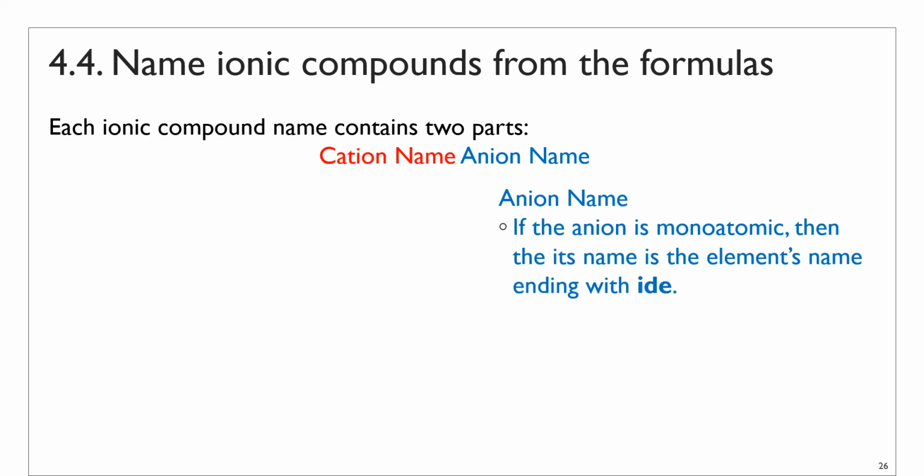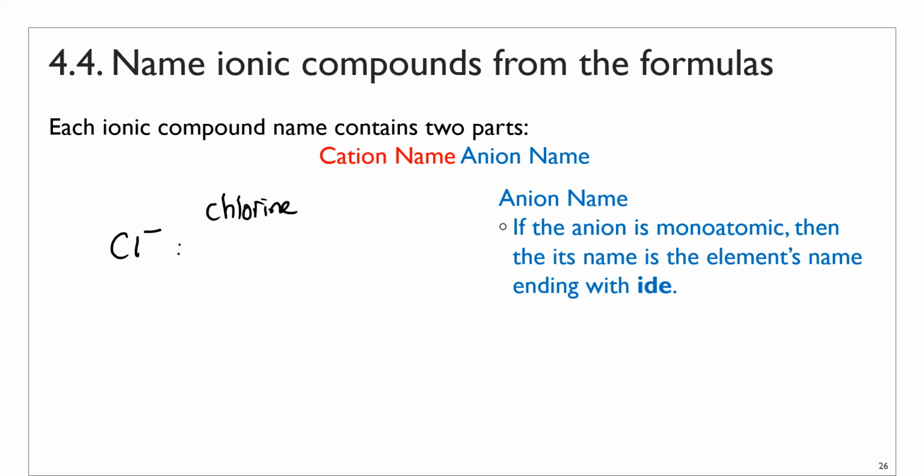So if the anion is monoatomic, which means that it contains only one atom, then the name of the ion is the name of the element, and then you have to end with IDE. Here are some examples. If I have Cl minus, this is a monoatomic anion. It has one atom and it's the minus, so it's an anion. The name of the element is chlorine.